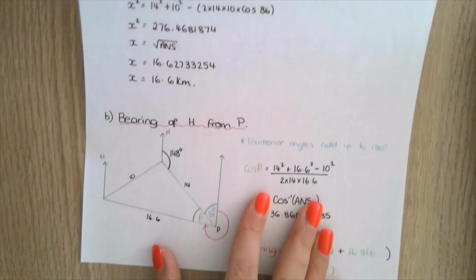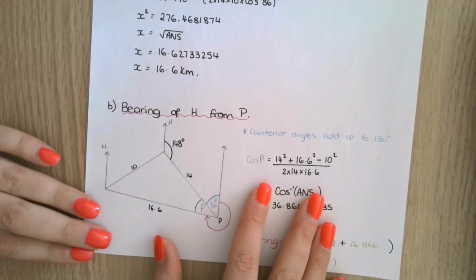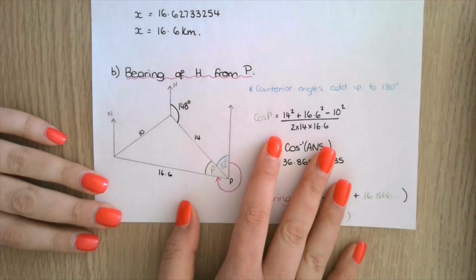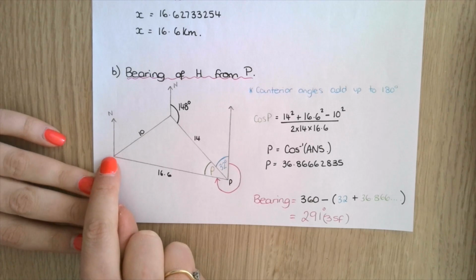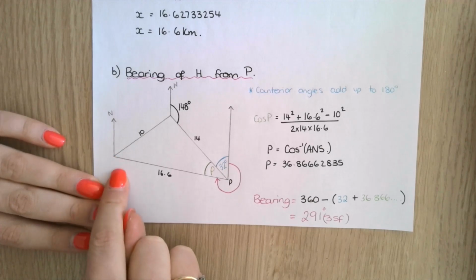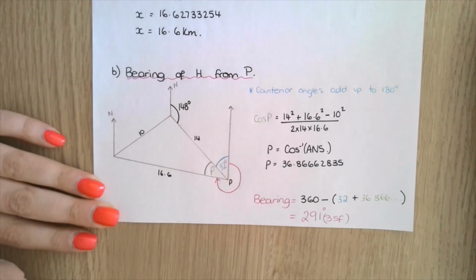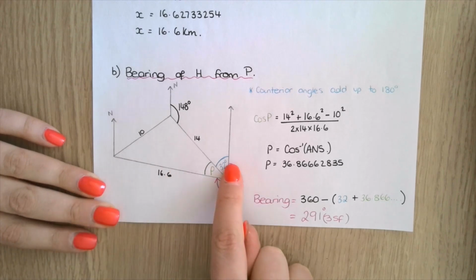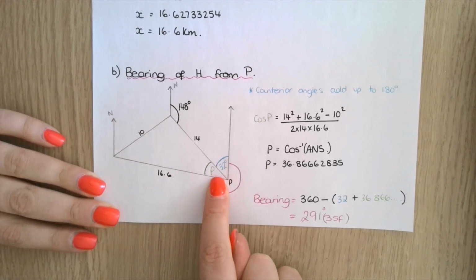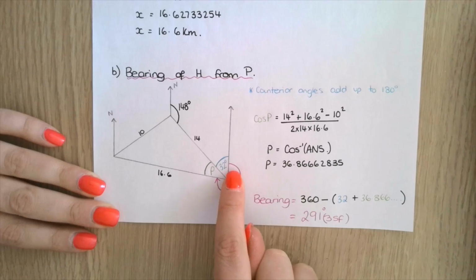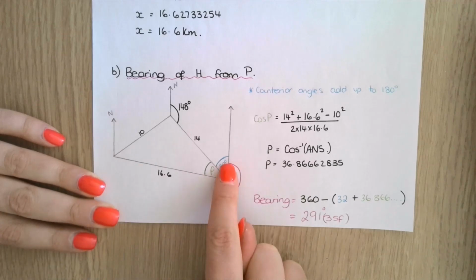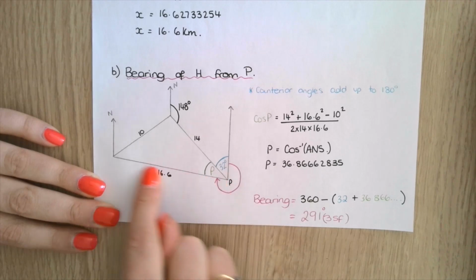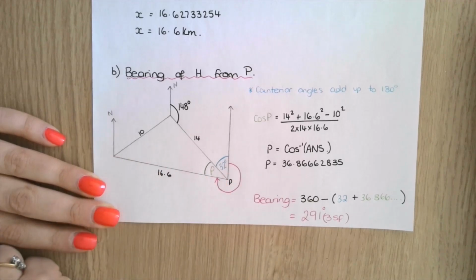For part B, it asks for the bearing of H from P. So what I did is I drew myself another diagram. The bearing of H, I didn't label it on here, sorry, so that should be H there from the diagram above. And the bearing, like I had before, is this angle here, because I want the bearing of H from P. So how do I get from this north line all the way around to the line where H is?